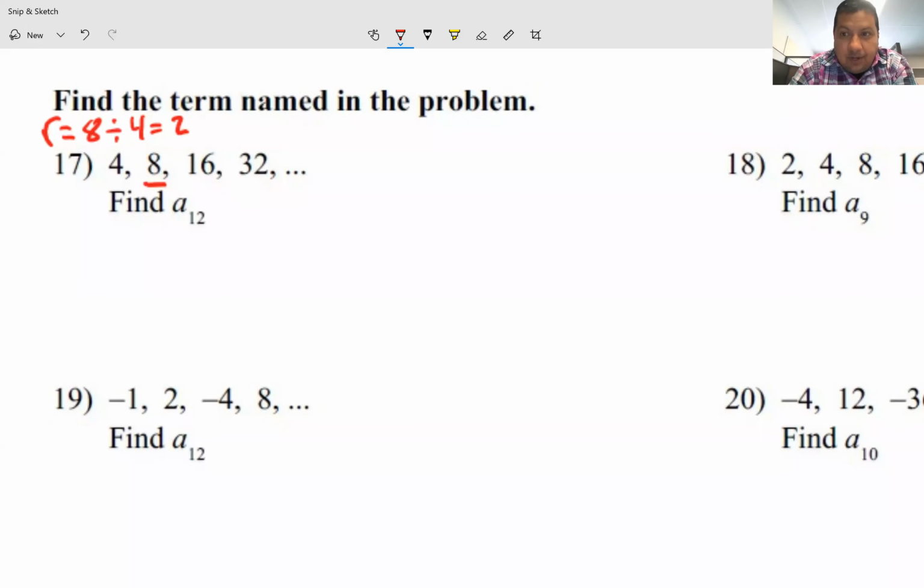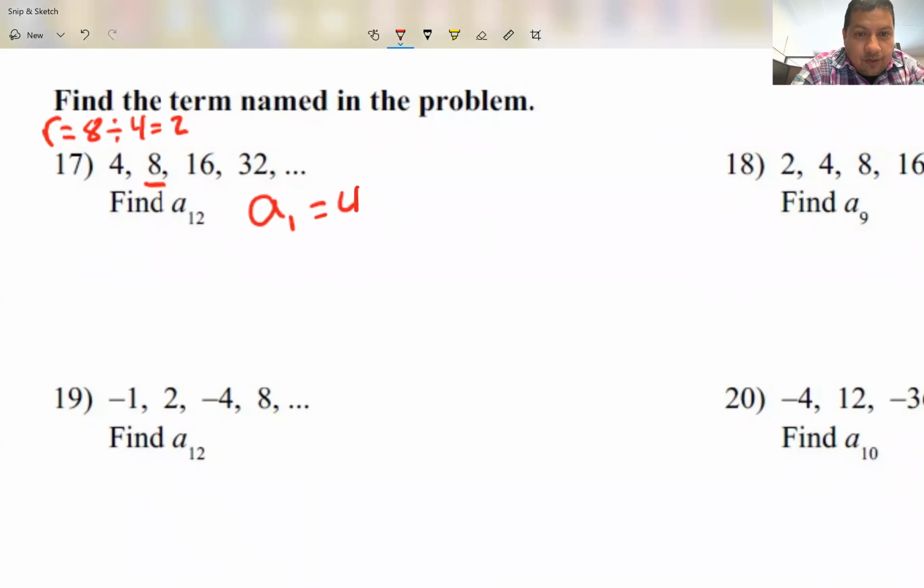One interesting part I'm going to find out is that, let's just call a sub 1 my first number. A sub 1 is just basically 4 multiplied times 2, 0 times. It's just the 4.